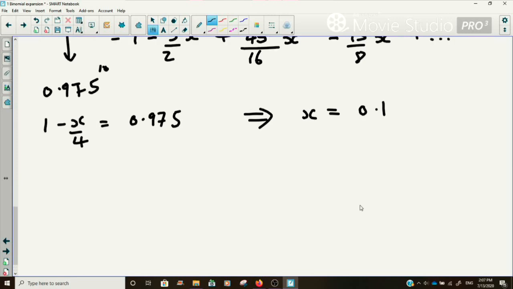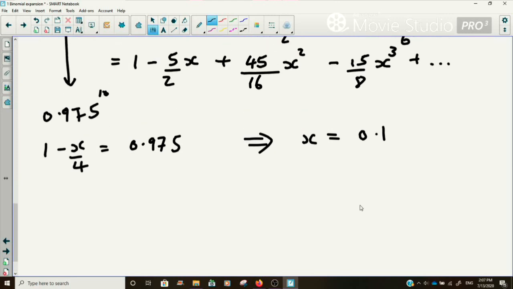Okay, let's not go too far. Right, so now we need to substitute that value of x into our expansion. That's going to give us an approximation for 0.975 to the power of 10.